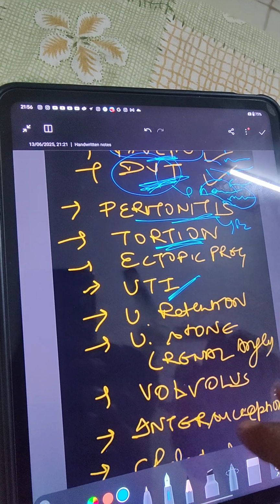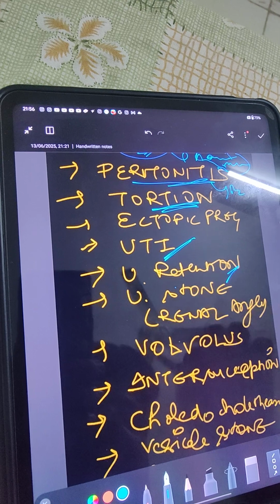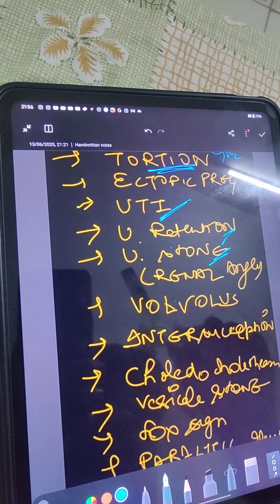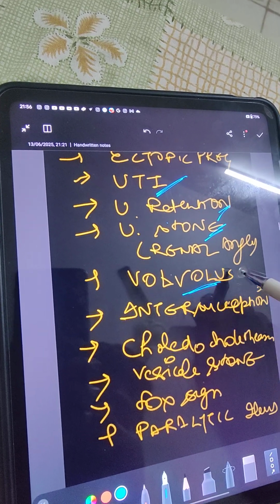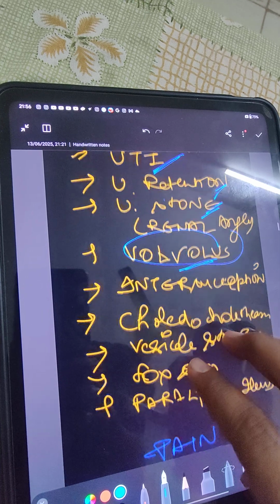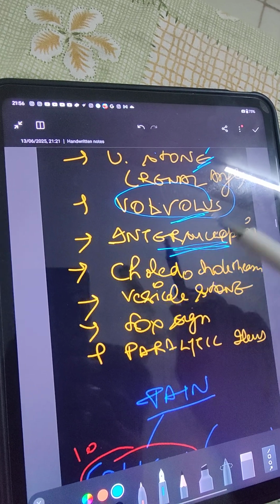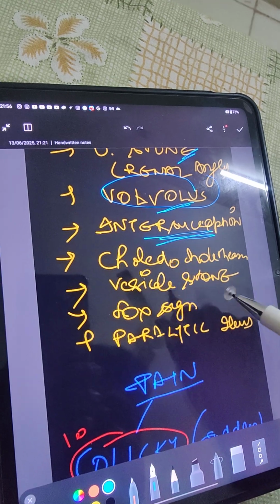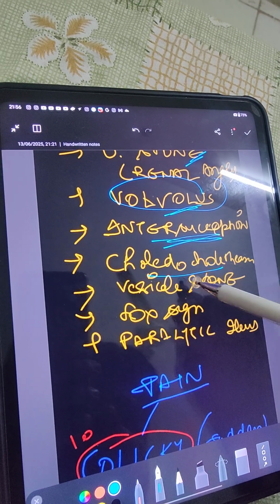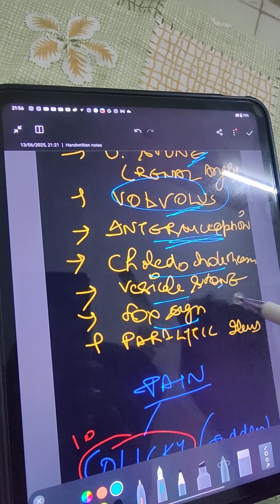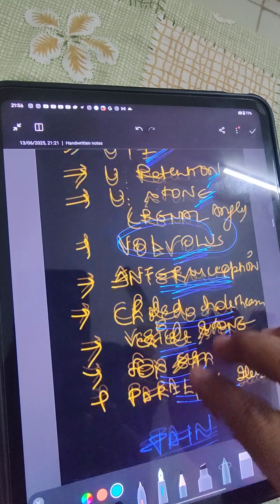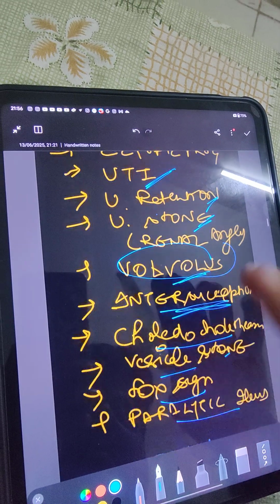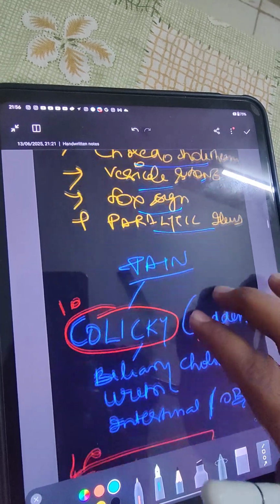Other conditions: UTI, urine retention, or ureteric stone. Volvulus is twisting of the intestine. Intussusception is telescoping of one part of the intestine into the other. Choledocholithiasis, vesicle stone, Fox sign, paralytic ileus. In these conditions, we will find pain, tenderness, tachycardia, pyrexia. These are the common things.